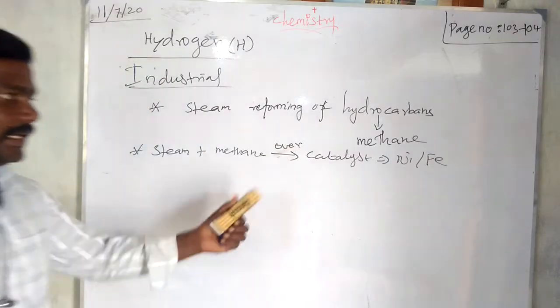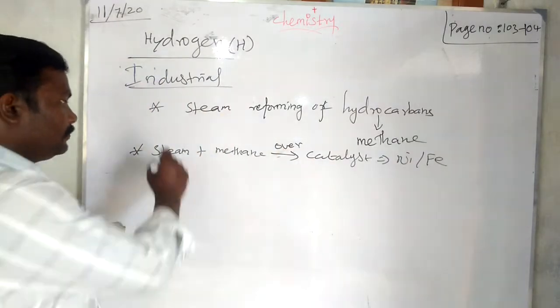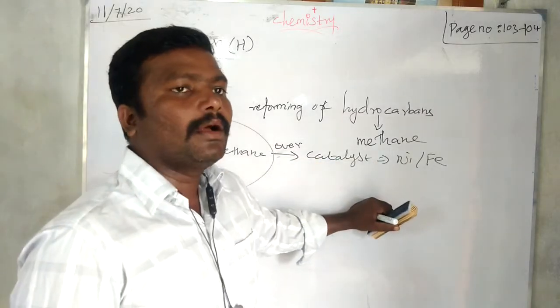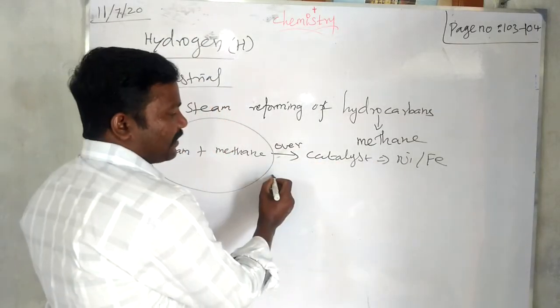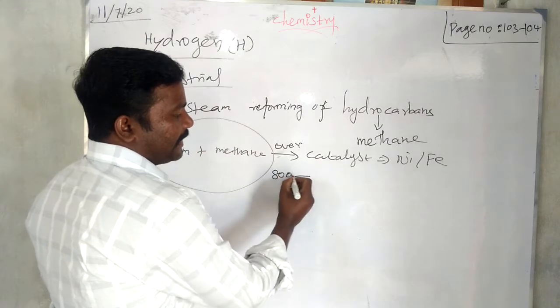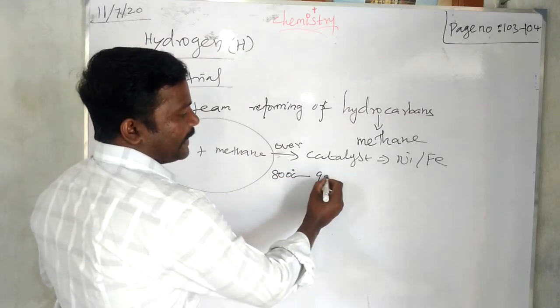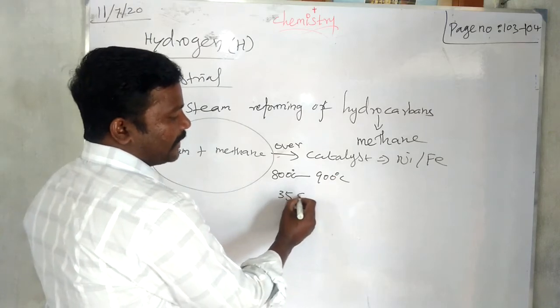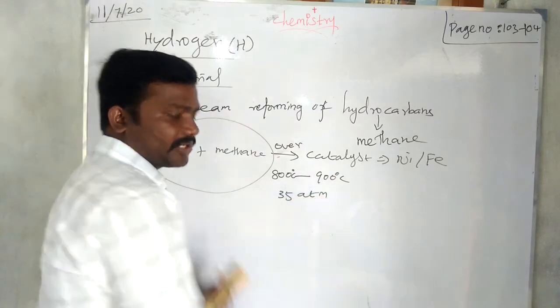If you pass the mixture of steam and methane over the catalyst nickel or iron, the temperature range is 800 degrees Celsius to 900 degrees Celsius. Pressure also we have to maintain at 35 atmosphere.